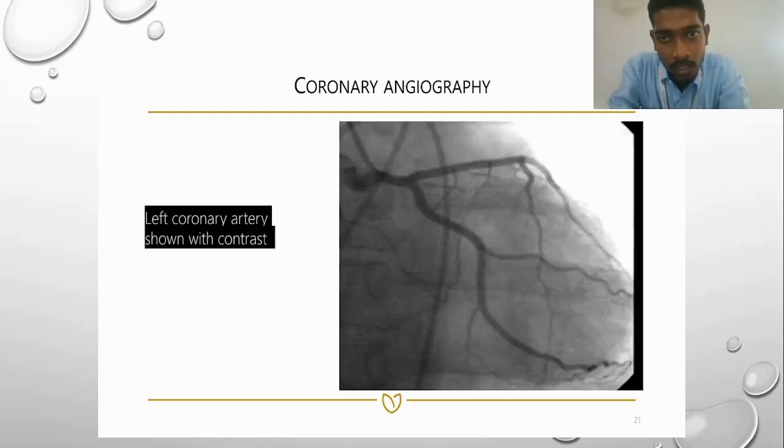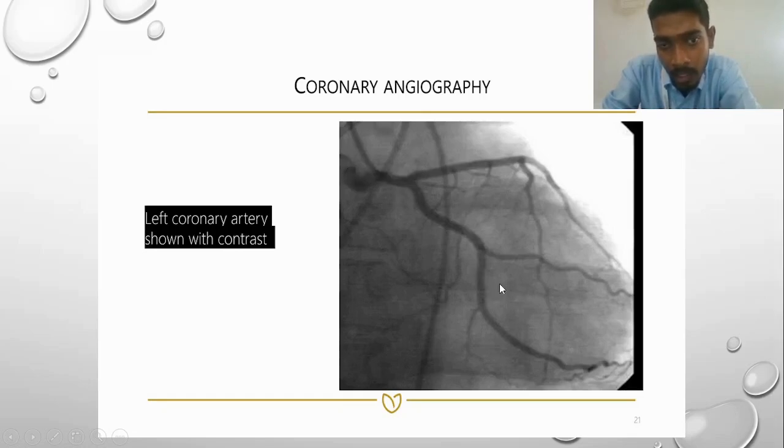Then in the coronary angioplasty procedure, we look at the RCA, LCA and LCX. We are able to inject the contrast and assess the patient.